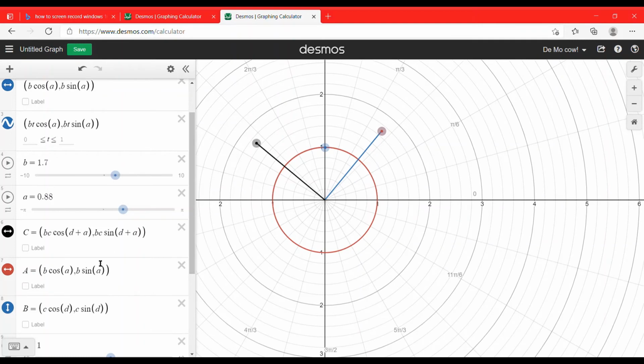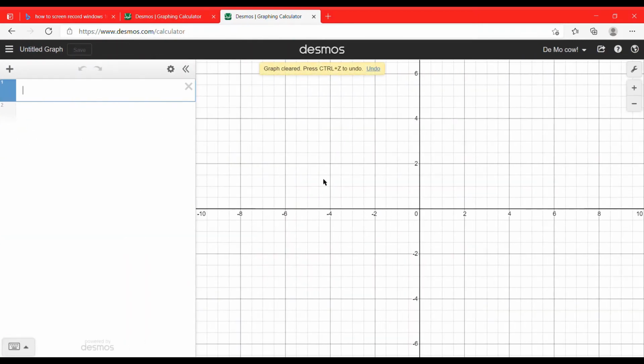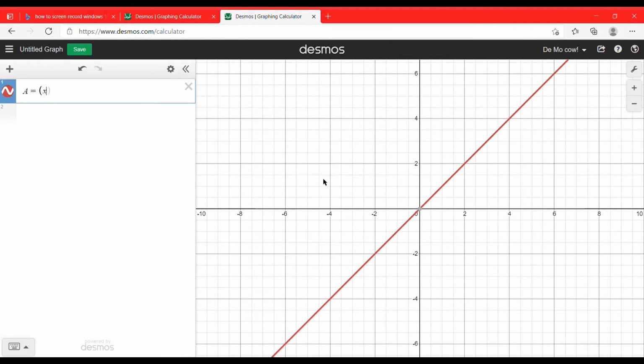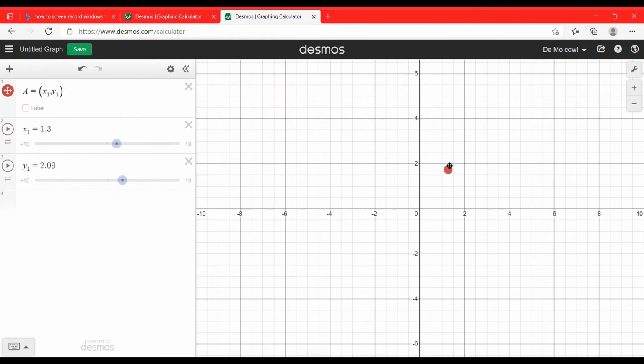If we're going to square it, I'm just going to refresh this new graph. Alright, if we're going to square a complex number, say we have a is equal to x1, y1, that's our complex number, and it is right here.